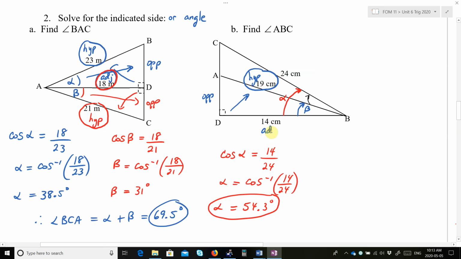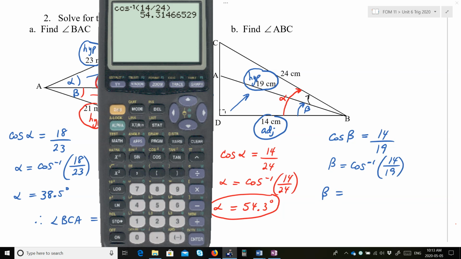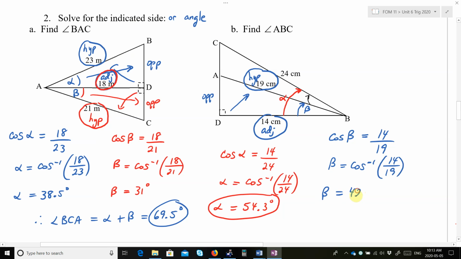Which means this guy is adjacent. So adjacent and hypotenuse again. So that's going to be cos. Cos of beta is 14 divided by 19. Shift cos 14 divided by 19, 42.5 degrees.